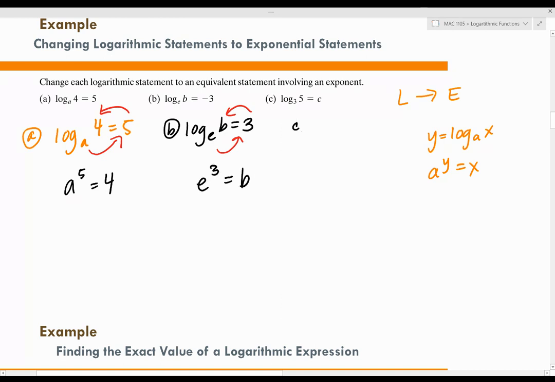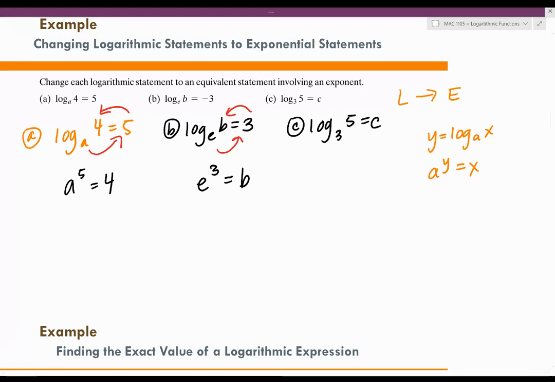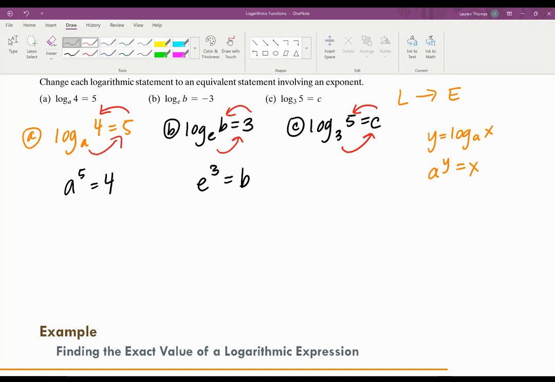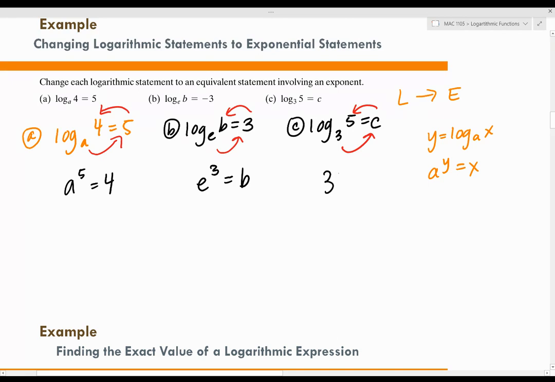And then if we do c, we have log base 3 of 5 equals c. So if you go around the world, 3 to the c equals 5. Okay, and you've just converted those from log form to exponential form.